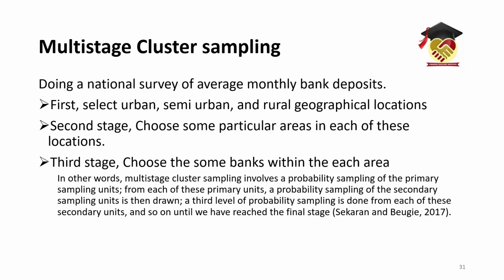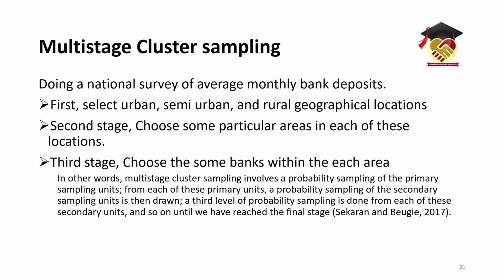For example, if you want to do national research in Sri Lanka, first divide Sri Lanka into the 25 districts, right? And then you select 3 or 5 districts randomly, second stage, right? And then still big. And then you divide into, say, secretariats.